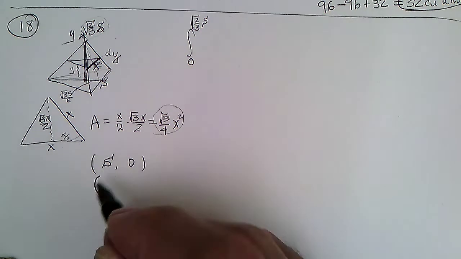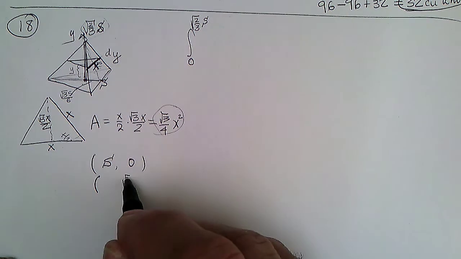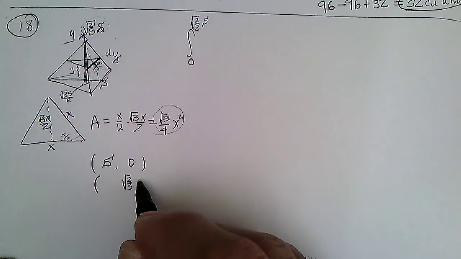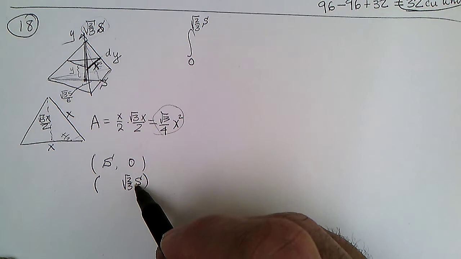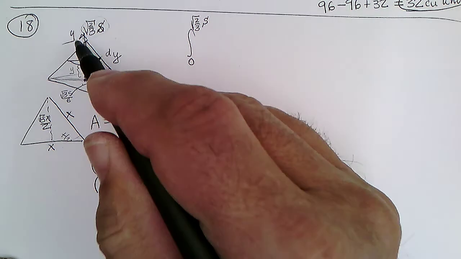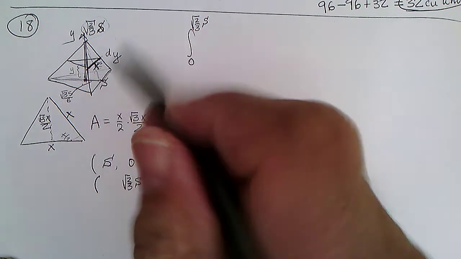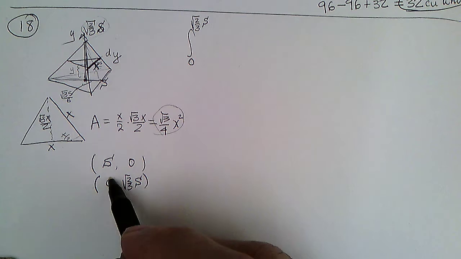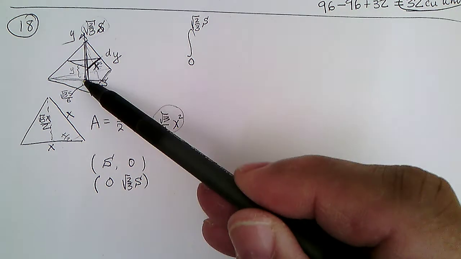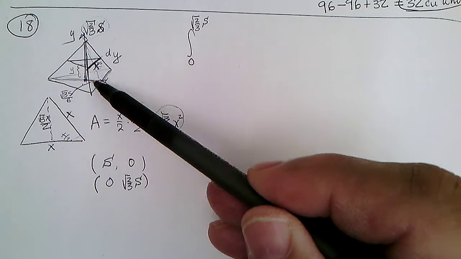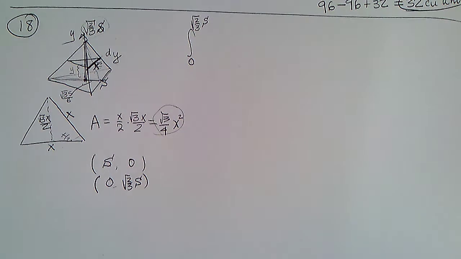So when y goes from 0 to square root of 2/3 s, from the bottom to the top, x, or the side, is going to go from s down to 0. And more importantly, as each unit I go up in y, x is going to get the same amount shorter. So this is a linear relationship.